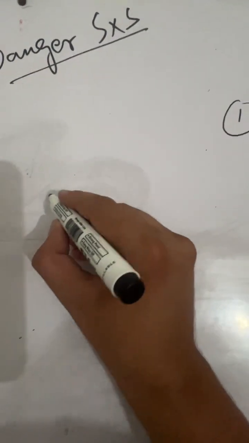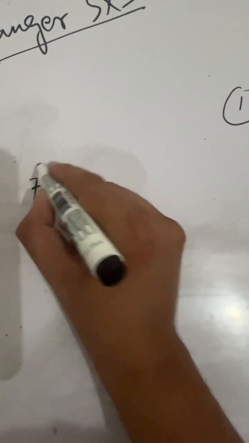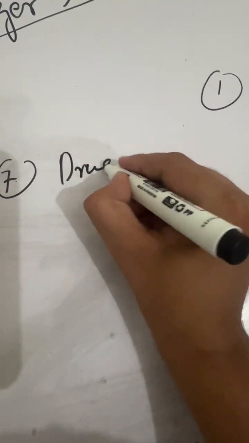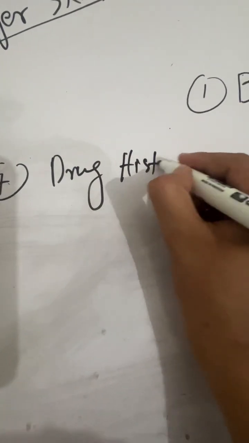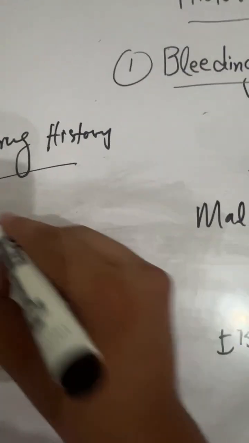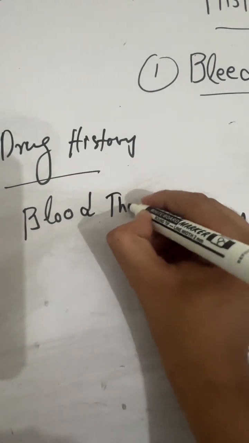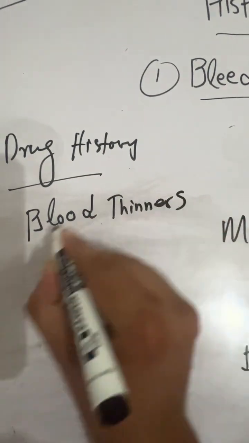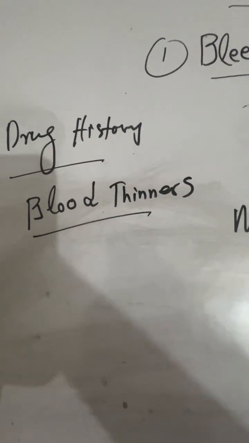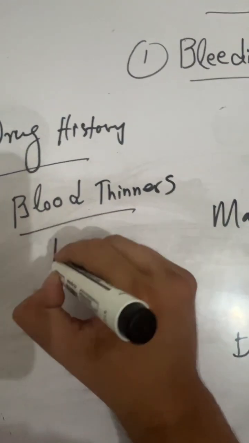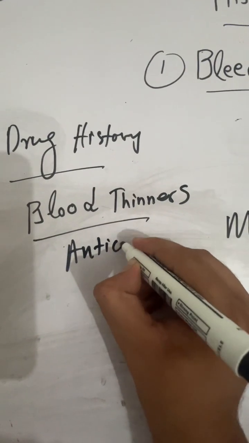Then after the past history, we will ask about the drug history or medication history. In the drug history, we will ask about any blood thinners or other anticoagulants which can cause bleeding per rectum.